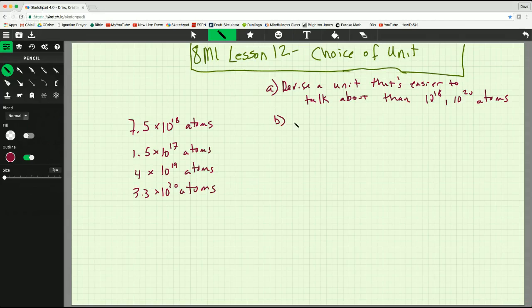I'm going to rephrase this from the question in the homework. And then B is to represent these 4 quantities in terms of that new unit.